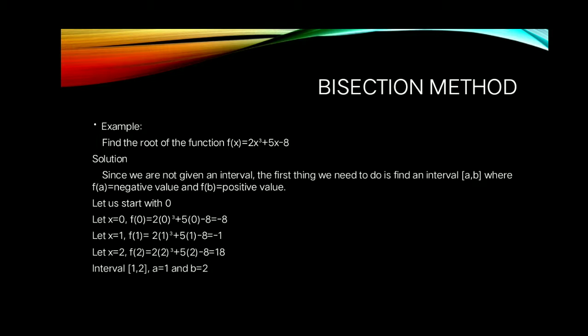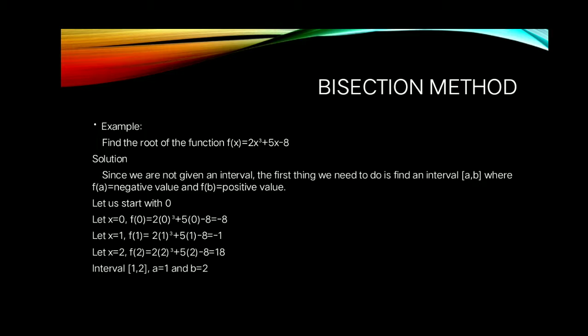Examples. Find the root of the function f(x) equals 2x cubed plus 5x minus 8. Since we are not given an interval, the first thing we need to do is find an interval, a b, where f(a) is a negative value and f(b) is a positive value. So let us start with 0. Let x equal 0, f(0) is equal to 2 times 0 cubed plus 5 times 0 minus 8 equals negative 8.